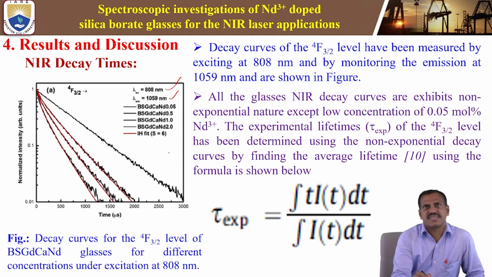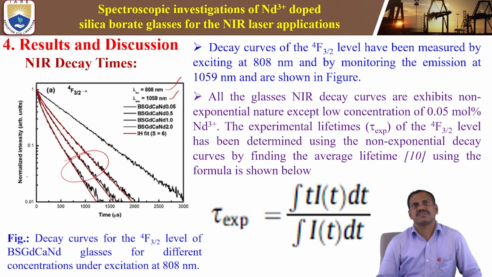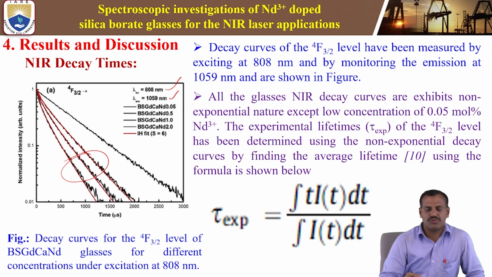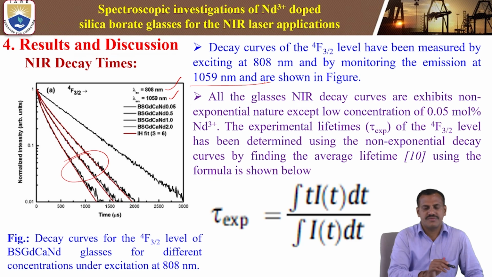Increasing the concentration to 0.5, 1.0 and 2.0, these three concentrations show non-exponential nature because energy transfer takes place from 0.5 to 2 mole percent. The decay curves of the 4F3/2 level were measured by exciting at 808 nanometers and monitoring the emission at 1059 nanometers, as shown in the figure.